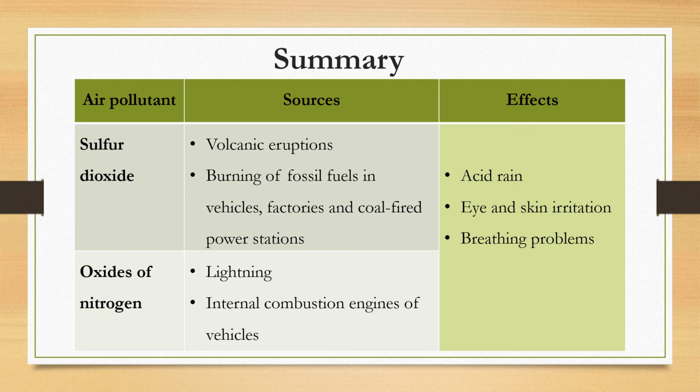You will remember that sulfur dioxide and oxides of nitrogen have the same effects. They cause acid rain. They also cause eye and skin irritation as well as breathing problems.